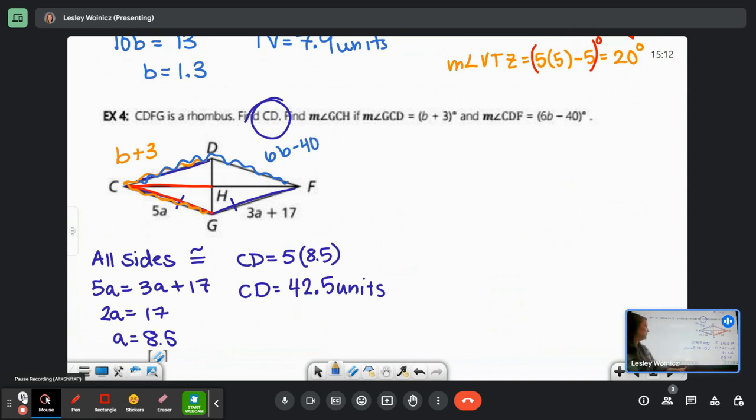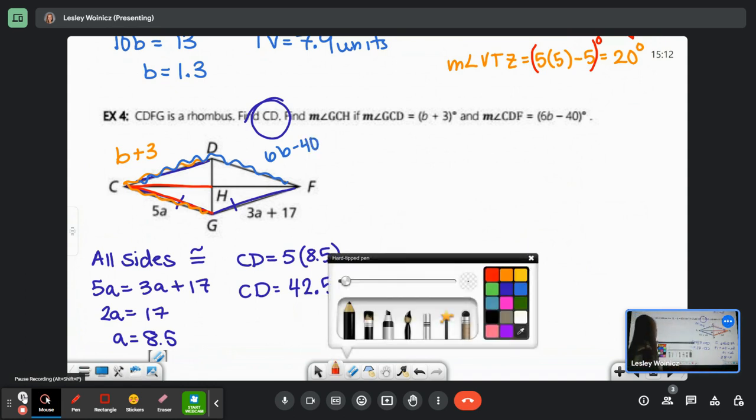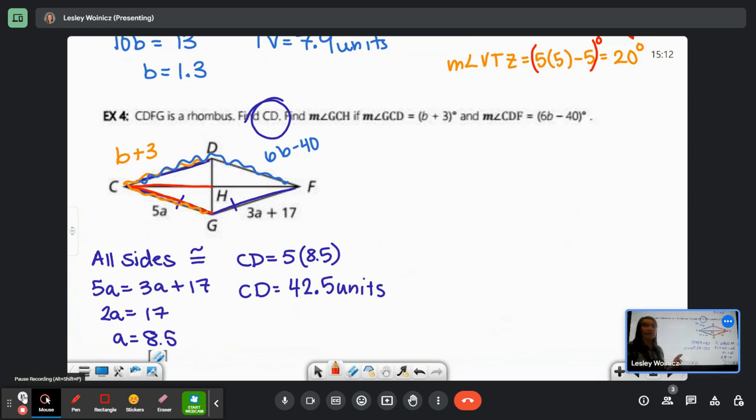Okay, so a rhombus is a parallelogram, right? What do we know about parallelogram angles? The opposite angles in parallelograms are congruent. What do we know about consecutive angles?